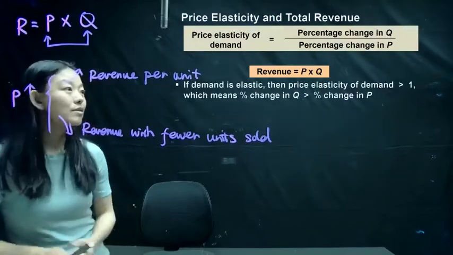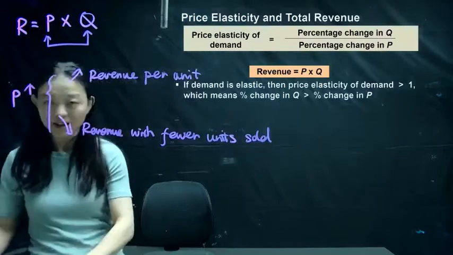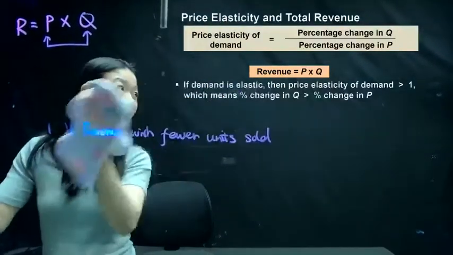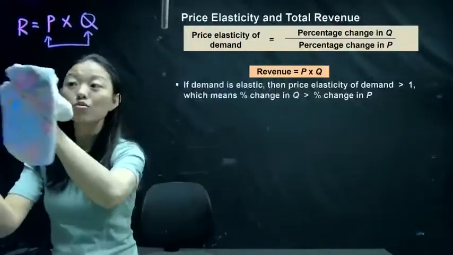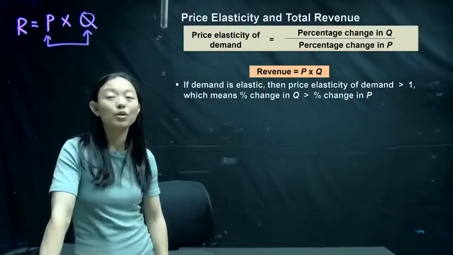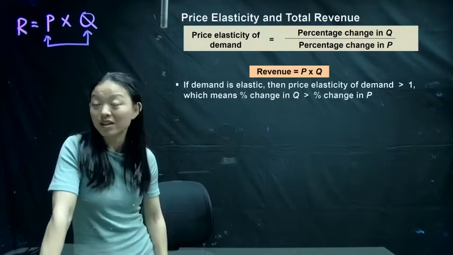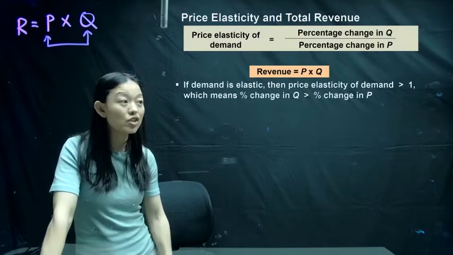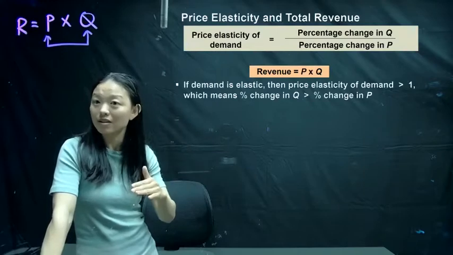If the price elasticity of demand is elastic, what does it mean? It means the percentage change in quantity will be larger than the percentage change in price. If the demand is elastic, it means consumers are very sensitive to the price change, right? So if the price increases just a little bit, the demand for your products might decrease a lot.